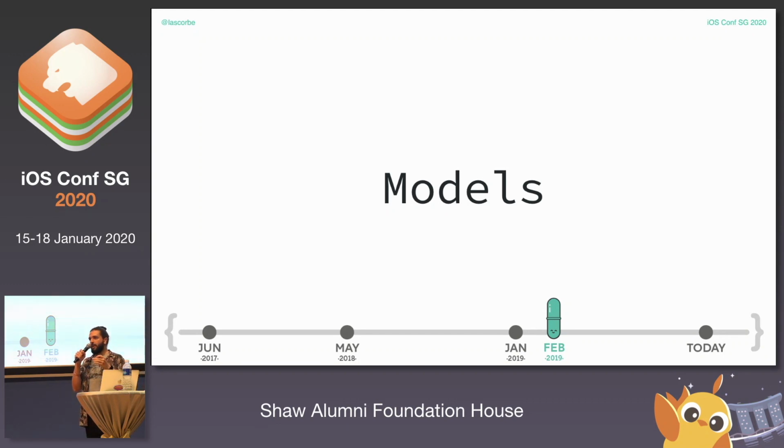One is we declare the models inside the small pod that declares the model interface, or we can have a separate model pod with all the other models that can be shared through all the modules. And we went for the second option.